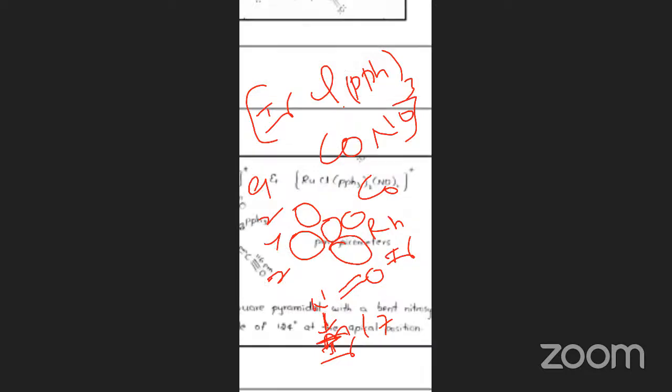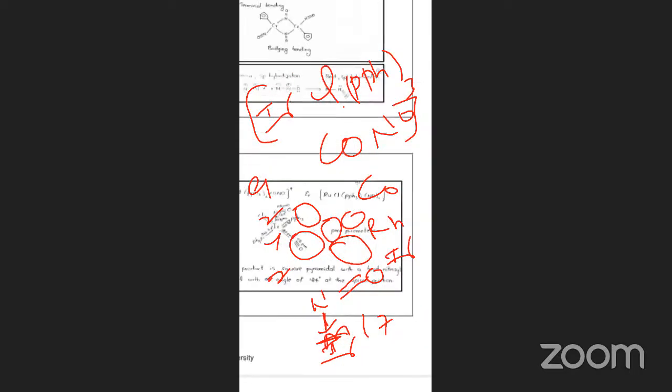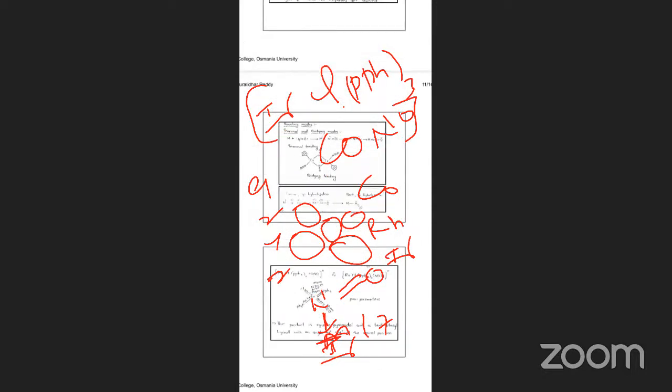You can observe another complex, ruthenium Cl PPh3 NO2. In this structure, one NO is acting as a bridged mode and one NO is acting as a terminal. So can explain that.